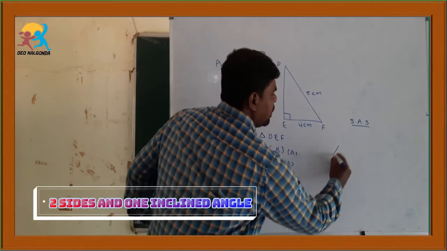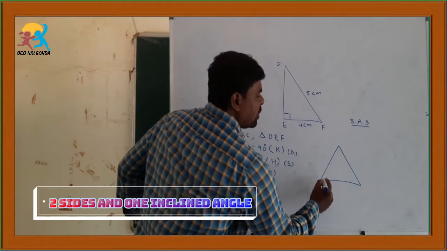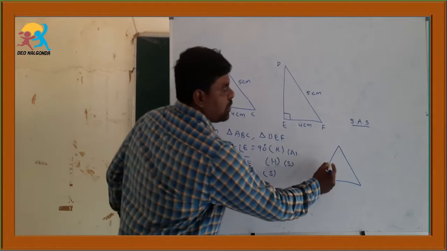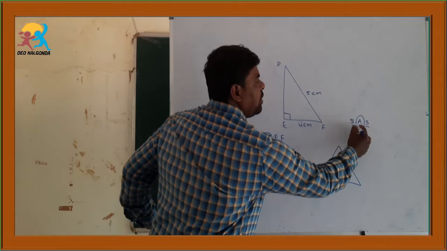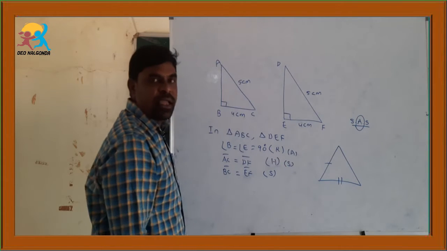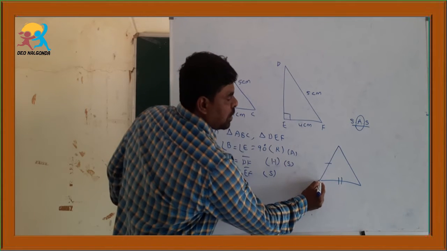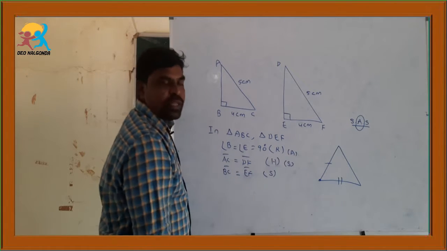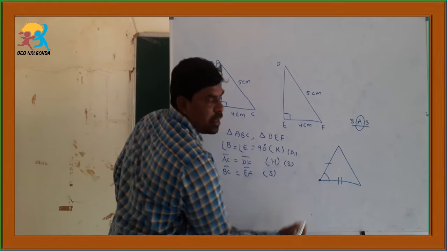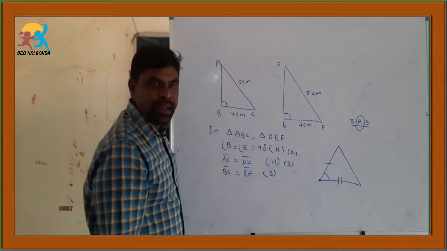In this triangle, we have to take the two sides and the included angle between the two sides. The included angle means the angle formed at the common vertex of the two sides. So, this is the included angle.